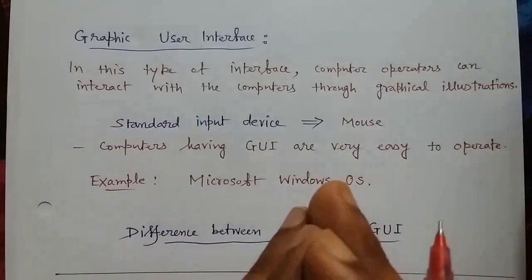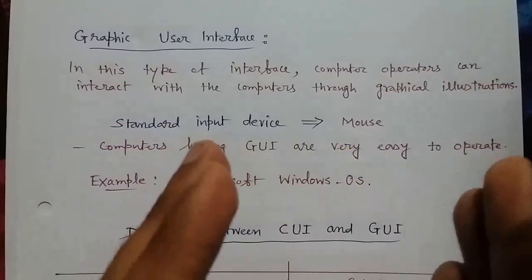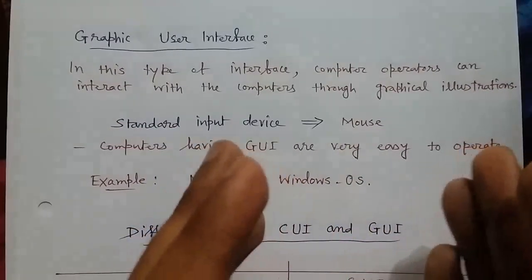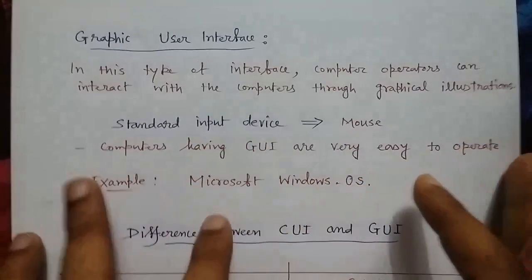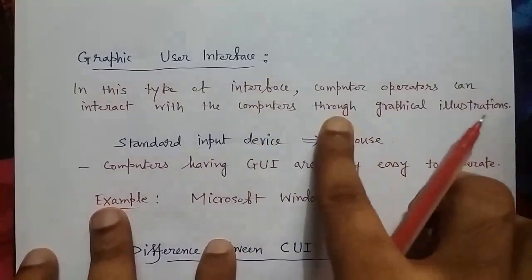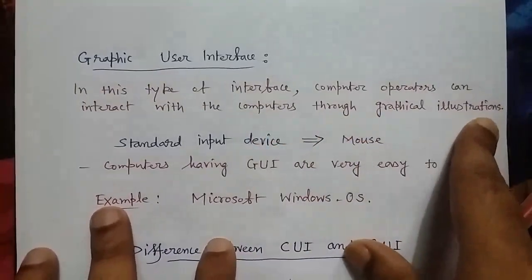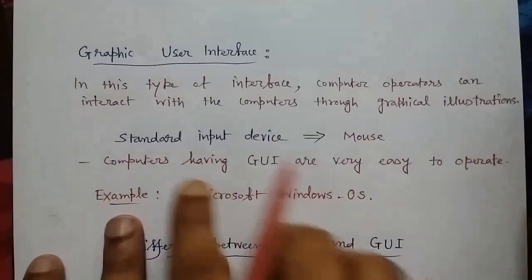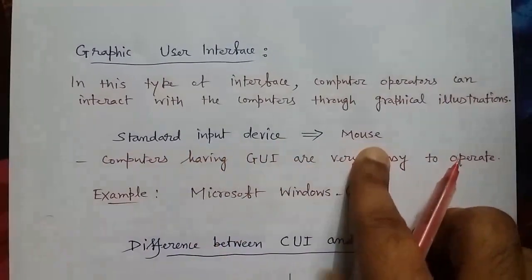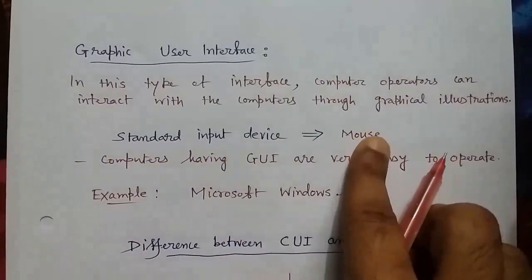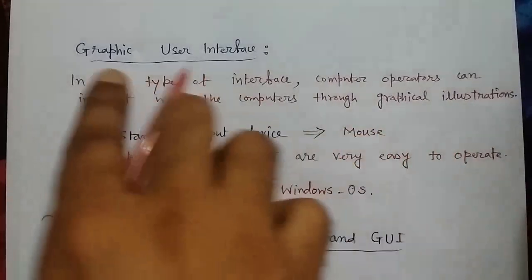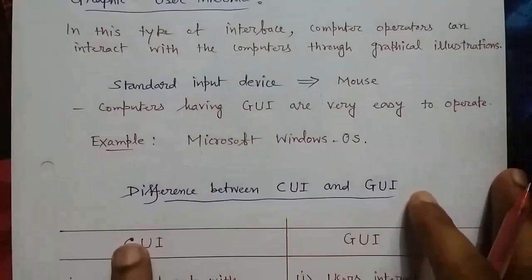So in CUI, the user interacts by typing commands using the keyboard, but here the user can interact through graphical illustrations by using a mouse. That's why the standard input device is the mouse in the case of graphic user interface.